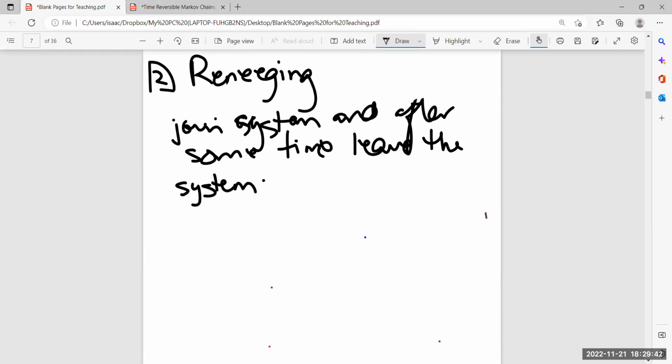So you join a multi-server system, and after some time in this, you decide, I'm no longer interested, right? So this is, you normally get this when you talk about multi-server queues.